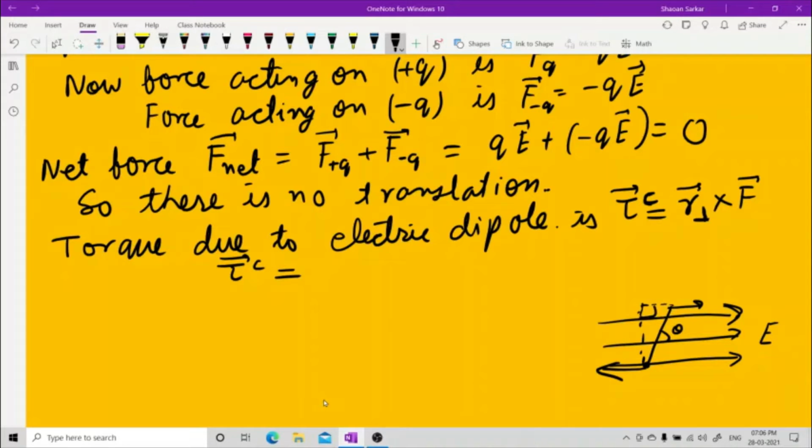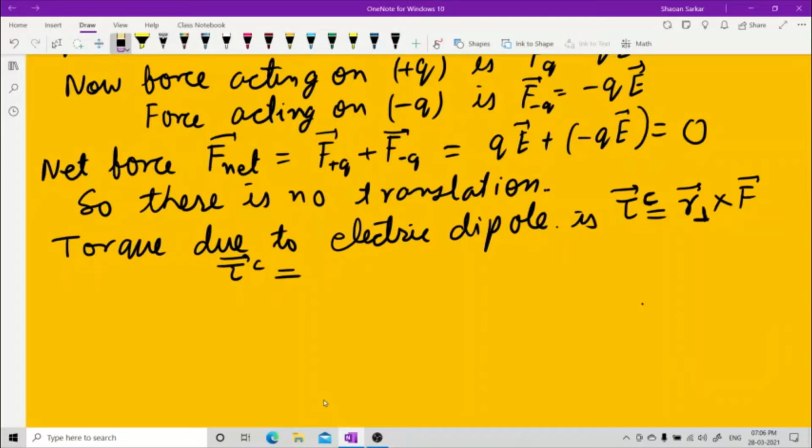This is 90 degrees. If this is theta, then this is theta with a corresponding angle. This angle is 90 minus theta. Let us make the figure big, you will understand it. Let us make this figure a bit bigger.